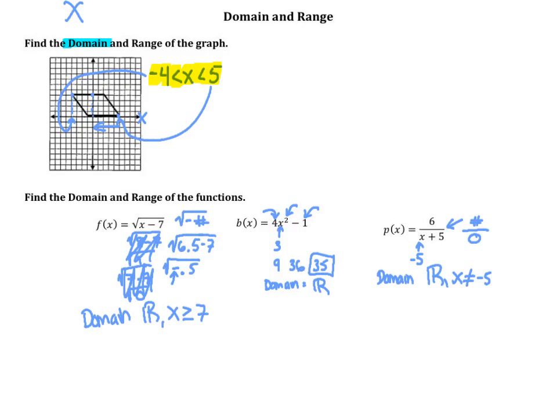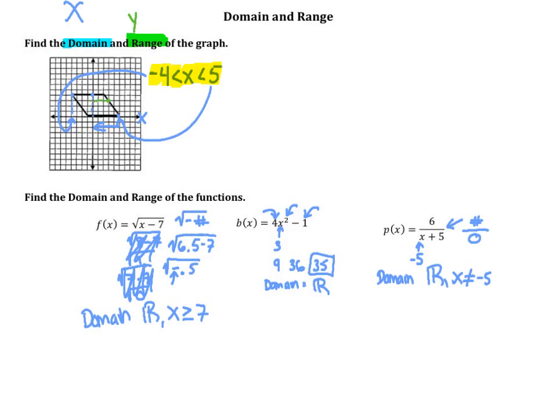Now let's talk about the range. And we're going to talk about the range with the graph and the functions. So just like the domain, the range is going to be all of your y values. So taking a look at the graph, we're going to do the same thing. Find a point on the graph, and does it touch the y-axis?